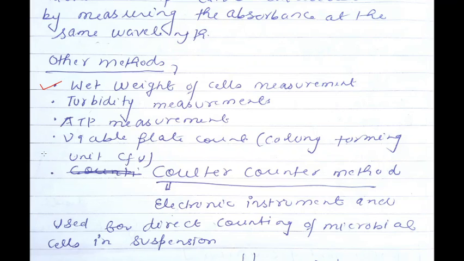The next important method is the viable plate count method. Viable plate count means you spread or grow the colonies on a nutrient agar plate, and then you can count how many colonies come up from the sample. First you prepare the agar plate. We have already done practicals for that.